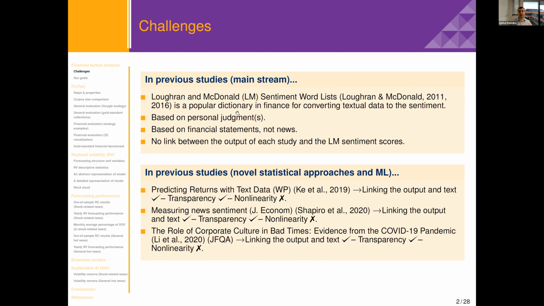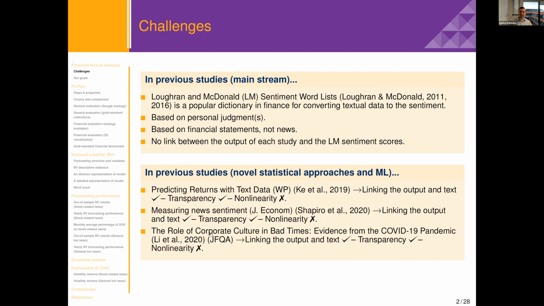This dictionary is based on financial statements, not the other textual corpus like news or transcripts or the other ones. So it's very specific, their usage. And there is no link between output and input. So if we are doing return forecasting, we are using the same sentiments. If we are using volatility forecasting, it's exactly the same.